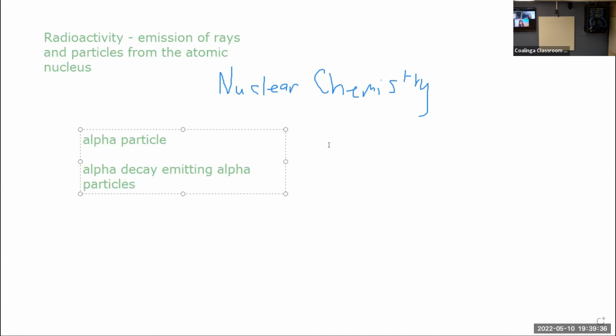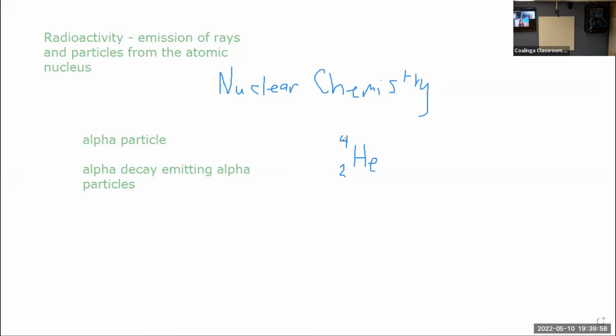Now the alpha particle is just going to be helium-4.